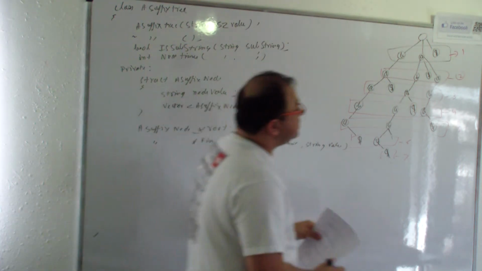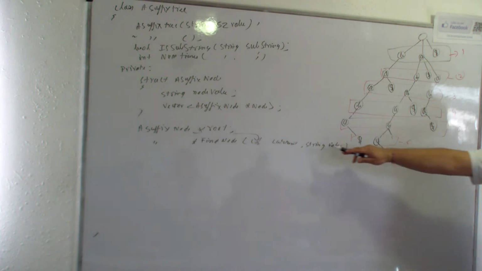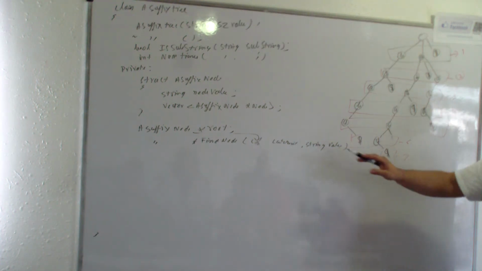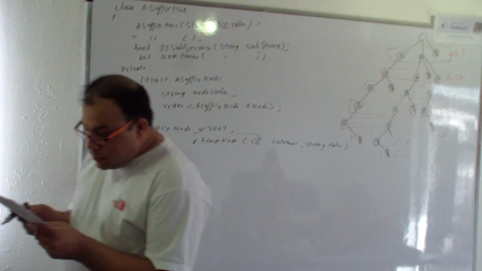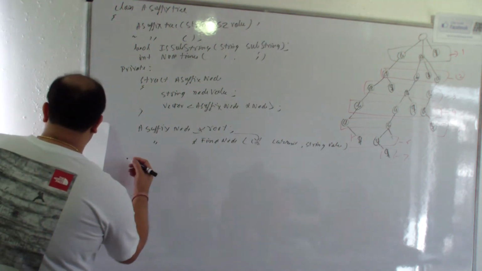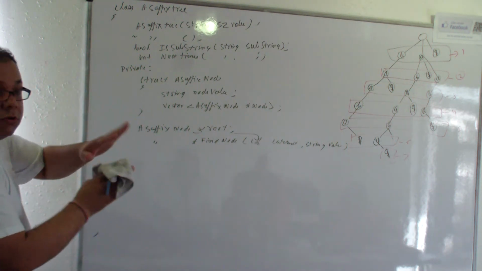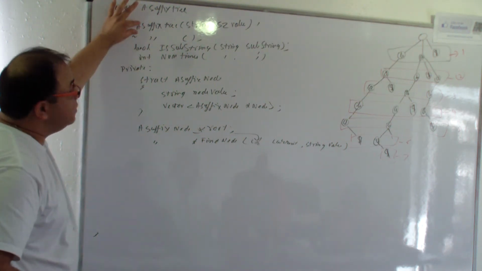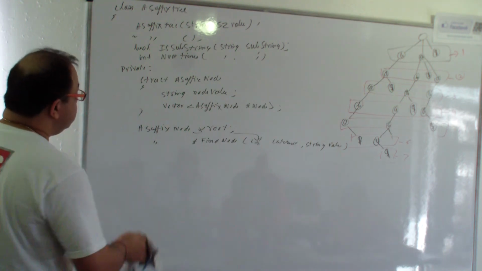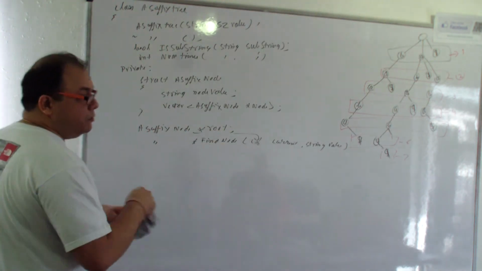So if I'm here and want to find ABA, it will go from the current node and try to find it. And there is an add string function, but let's not go over there. We'll just write the constructor and go from there. I'll erase it. This code is written, I'll send it to everybody.